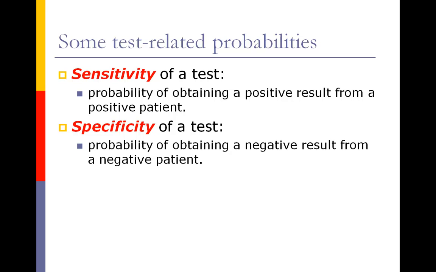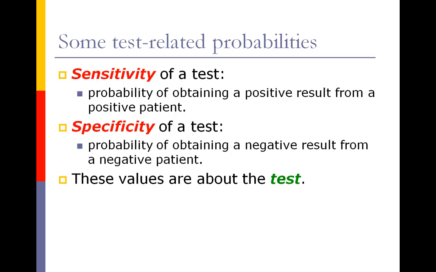It's called the specificity of the test because it tells us how specific the test is to that condition, as opposed to being influenced by other conditions as well. Maybe a test is going to trigger a positive result not only by the condition that we're testing for, but also by other things. So in order to avoid that, we're looking at the probability of getting a negative result from a negative patient, and that's called the specificity.